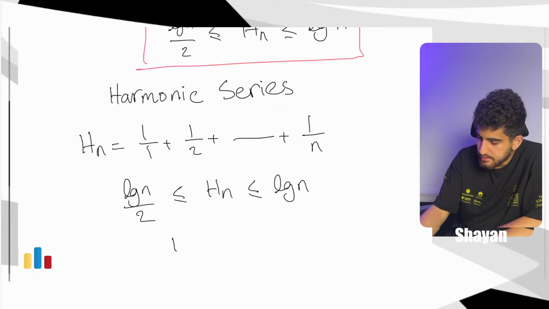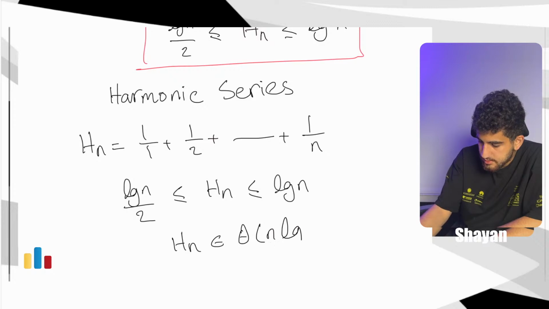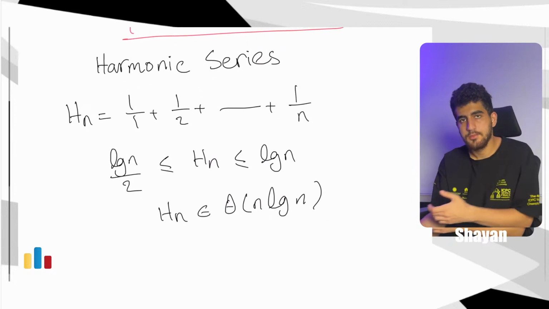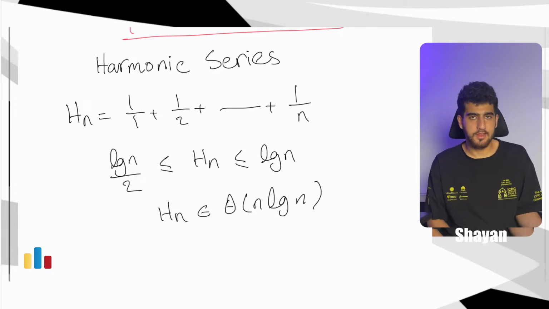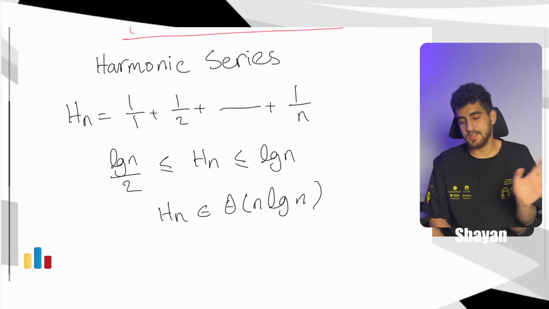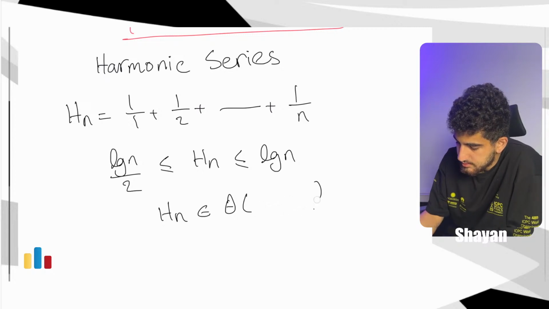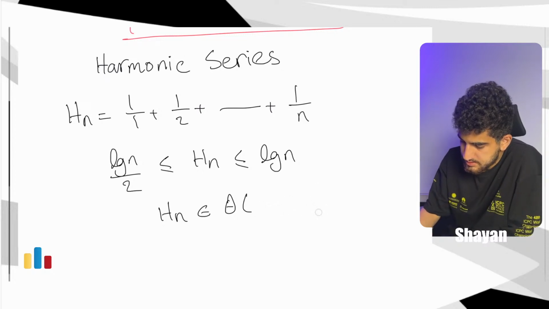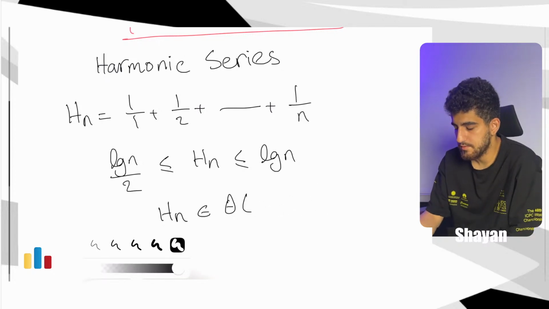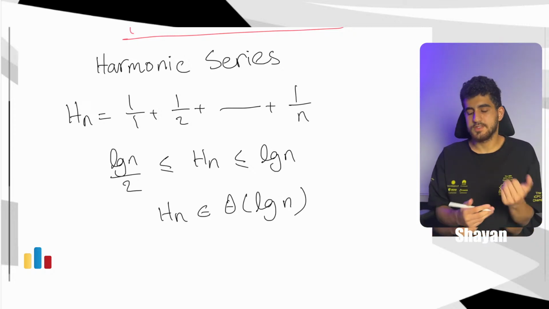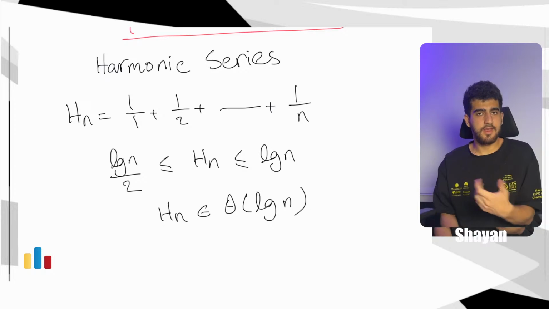So H of n, in this situation, we say that it is from theta of log n. I'm sorry for my mistakes. It means that not only is it from O of log n, but it is not way less than that as well.